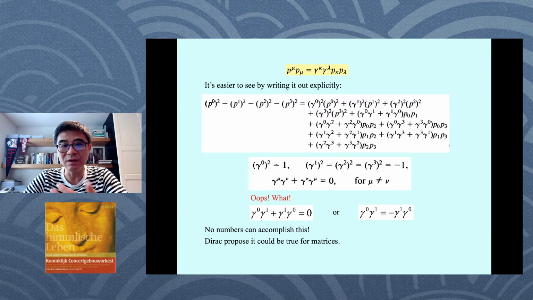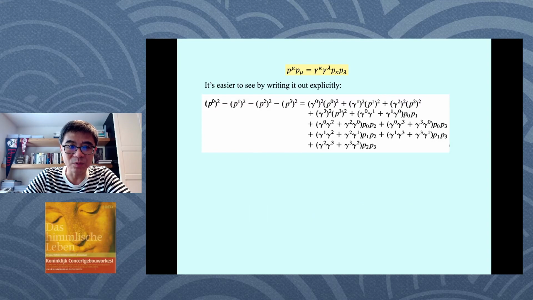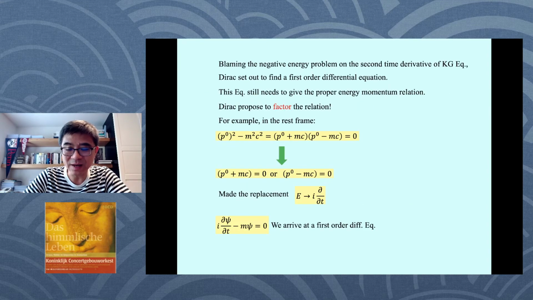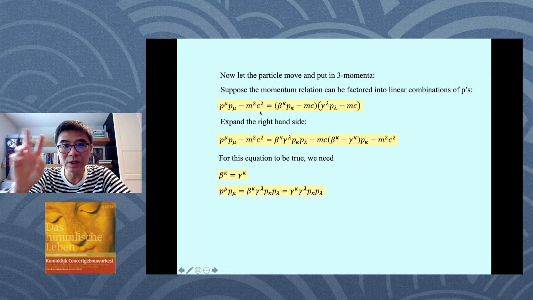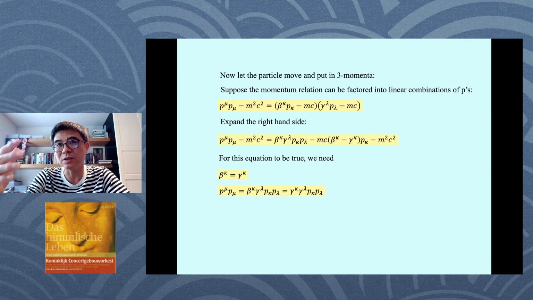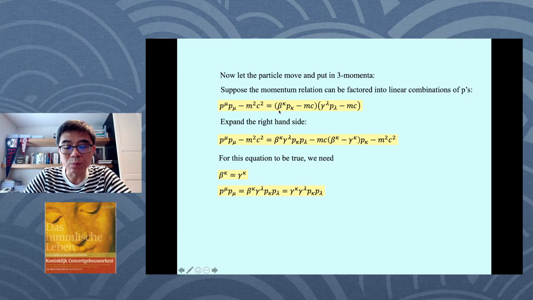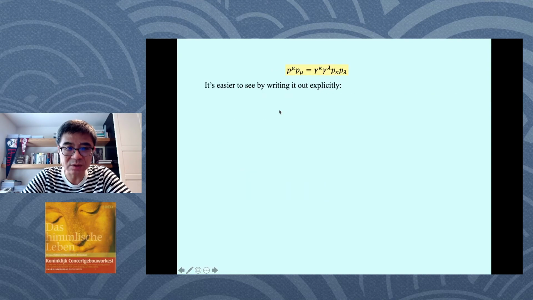The only evidence for doing all this is, remember, the desire to arrive at a first order differential equation, and secondly the energy momentum relation. These are the only two foundations for Dirac to build this very, very daring adventure by asking that maybe this equation should be written in matrix way.